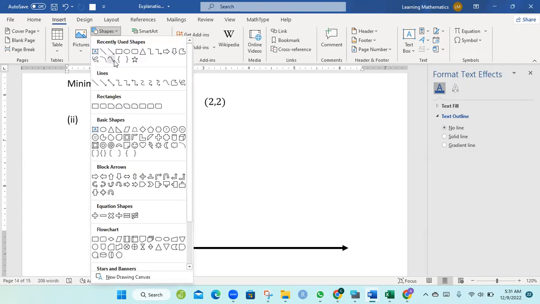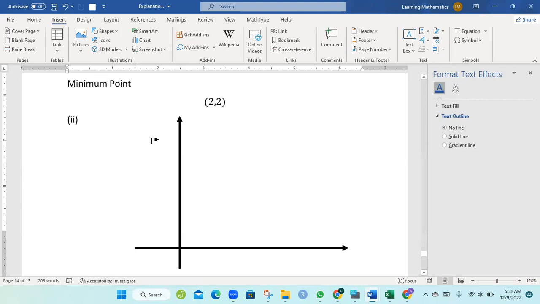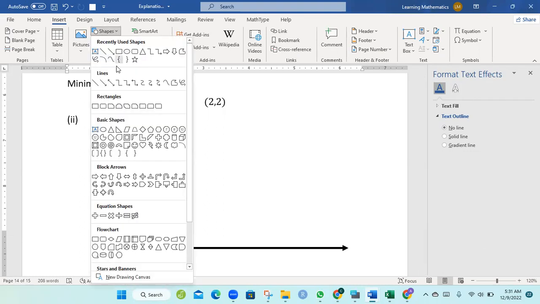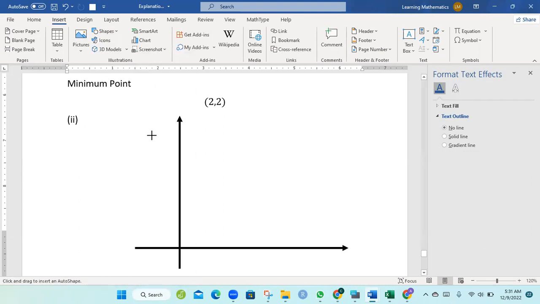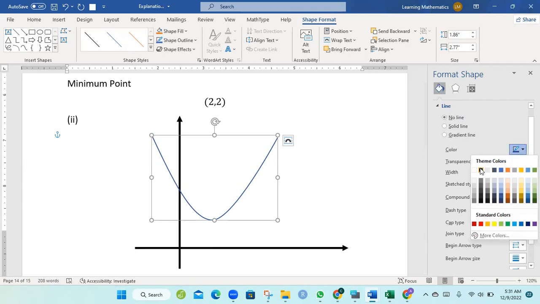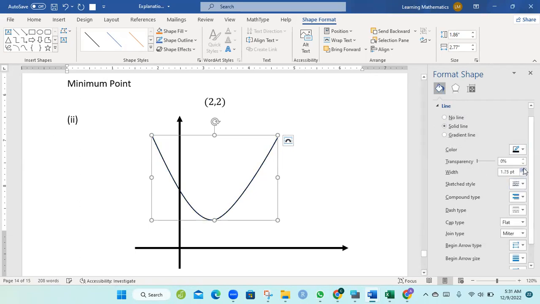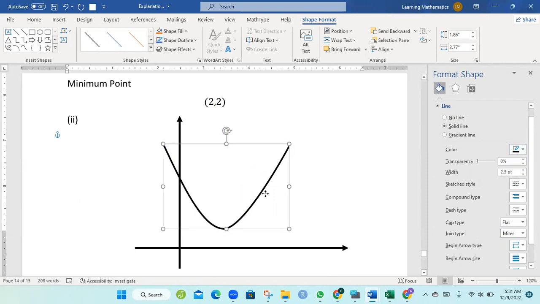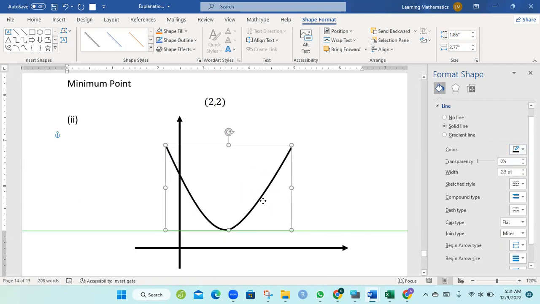One more time. Double click and hold. And simply double click. Good. And now we're going to thicken this. Right. Because the minimum point will be (2, 2).